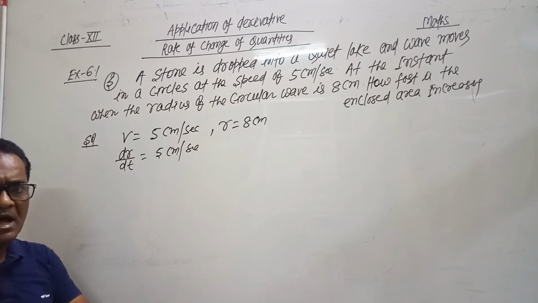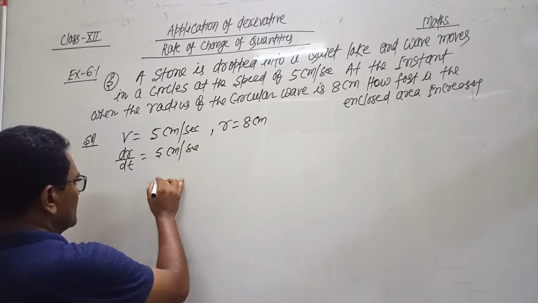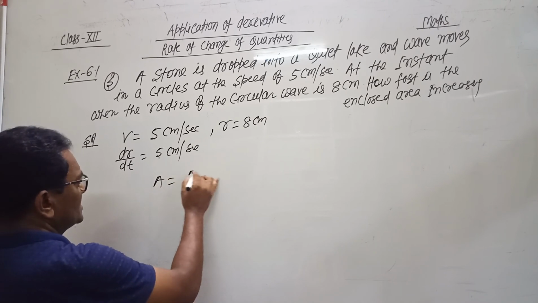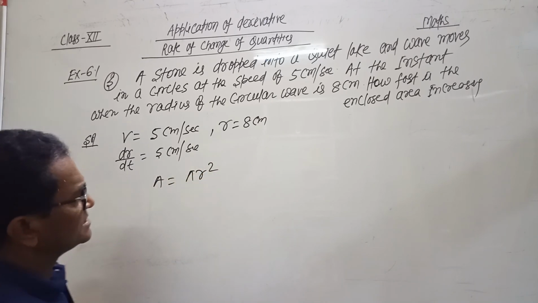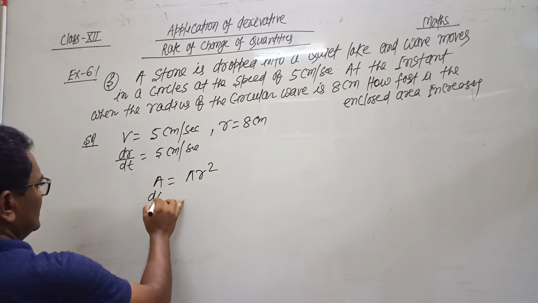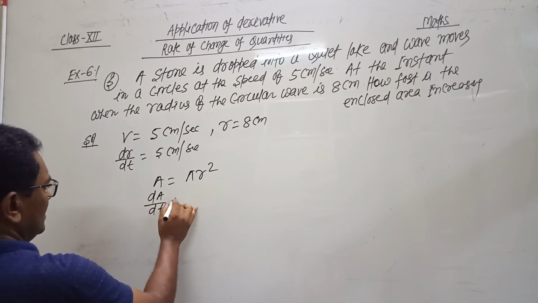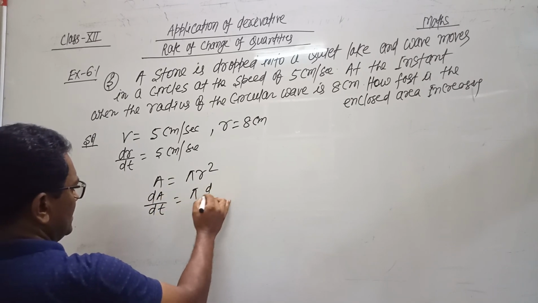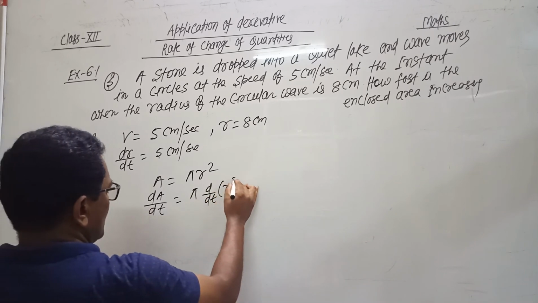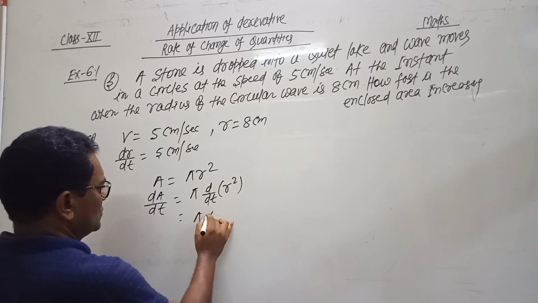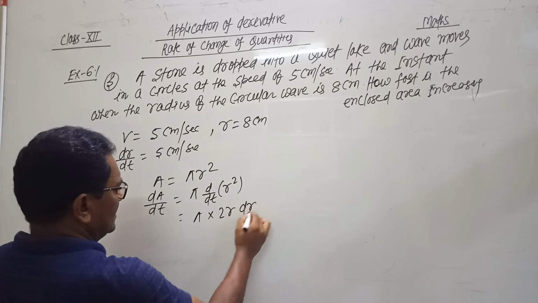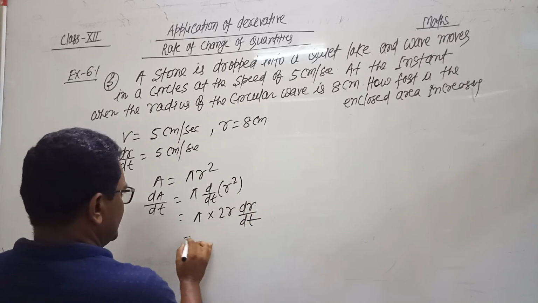The waves are in the form of a circle, so we take the area of the circle, pi r square, and differentiate: dA by dt equals pi times d by dt of r square, so pi into 2r, and differentiation of r is dr by dt.